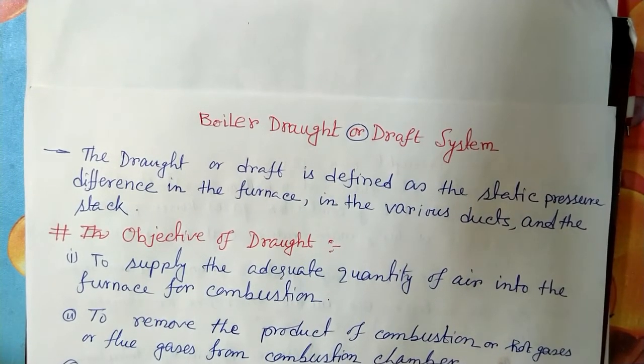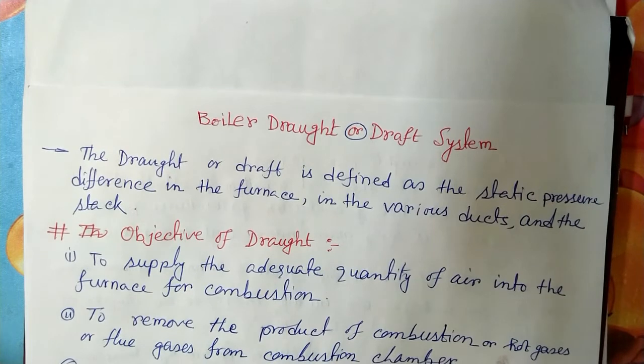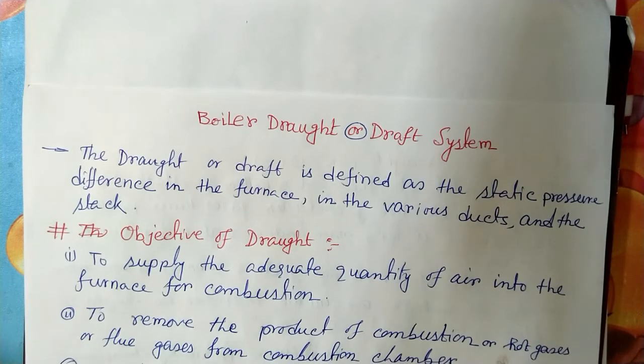For drawing the air and removing the flue gases, there should be some pressure difference, and this pressure difference is known as boiler draught.